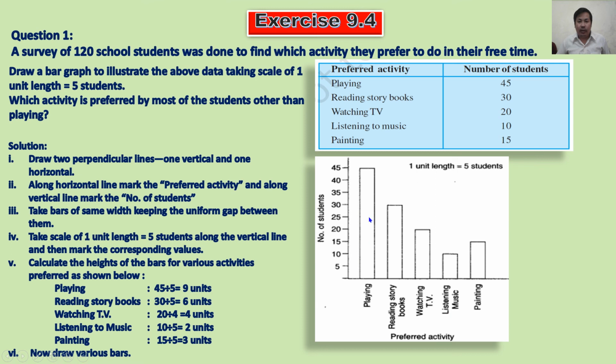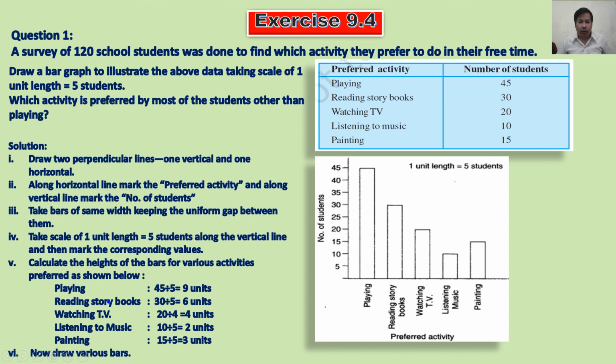And then now we are going to make the bars of equal width. So you see the bars should be of equal width, and the gap must also be equal between them. How much gap you want to give from here to here, you can make your choice, it doesn't matter. And the bars should be the same width, means how big one bar is should be equal to the size of the other bar.